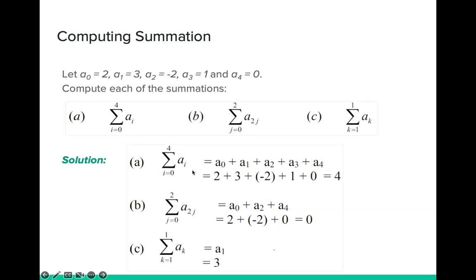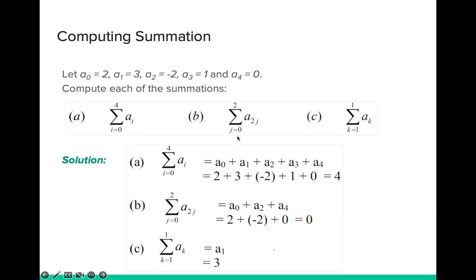So we have a sub 0 plus a sub 1 plus a sub 2 plus a sub 3 plus a sub 4. Given the initial conditions that we have set, a sub 0, a sub 1, a sub 2, a sub 3, and a sub 4 being 2, 3, -2, 1, and 0, substituting that here, the value of the summation is equal to 4.